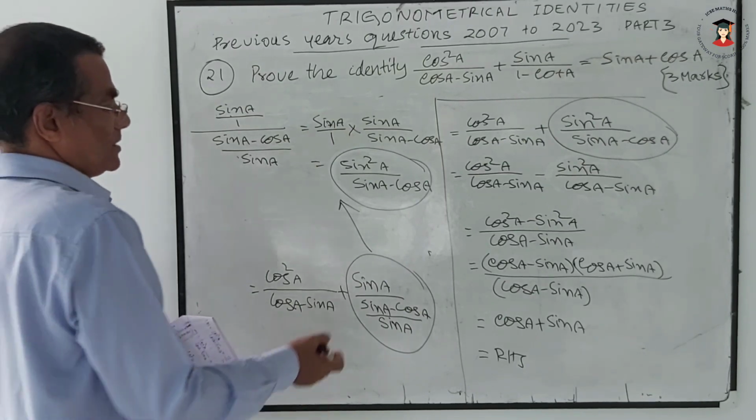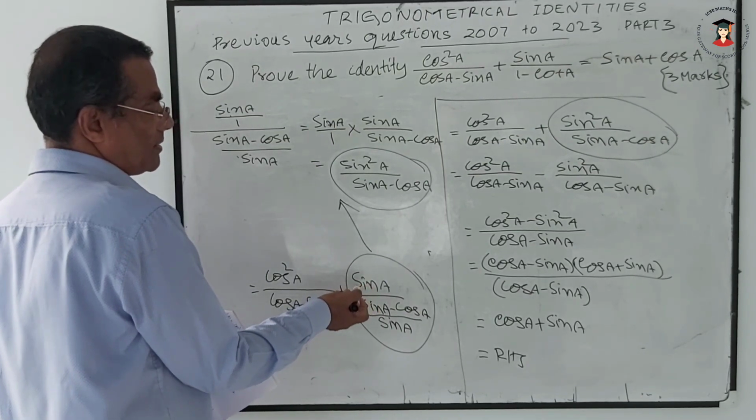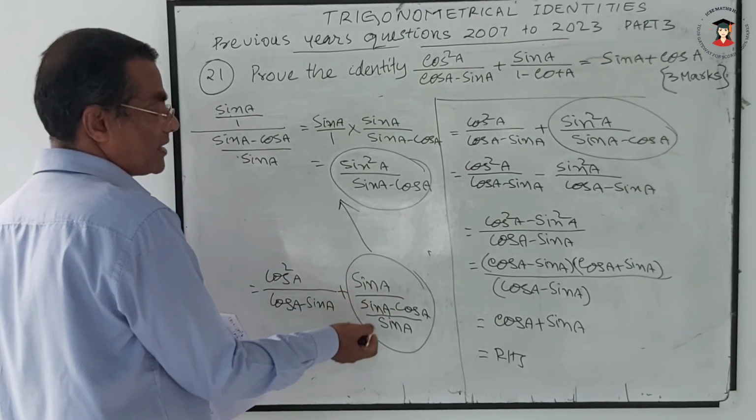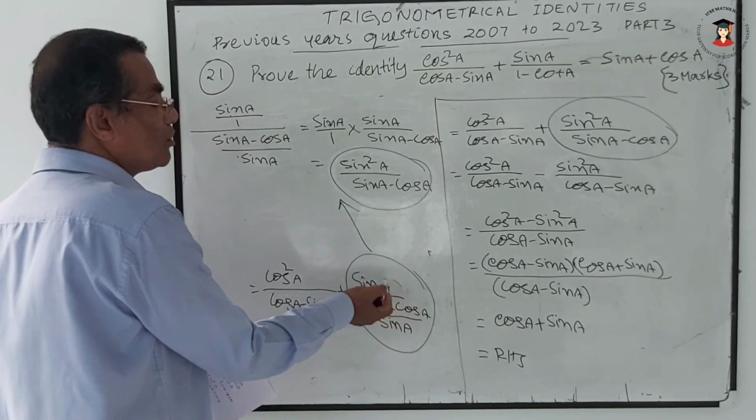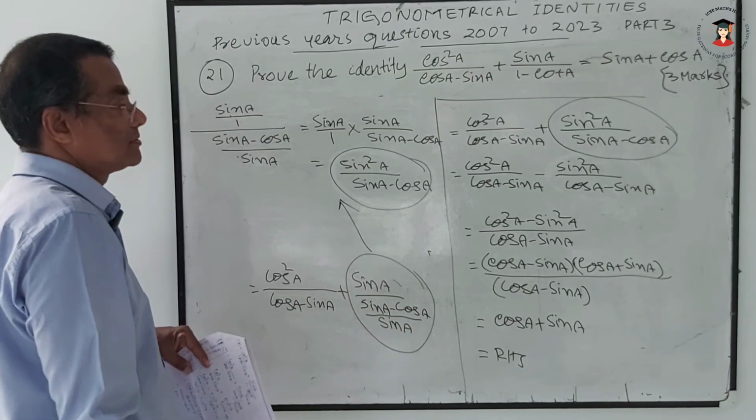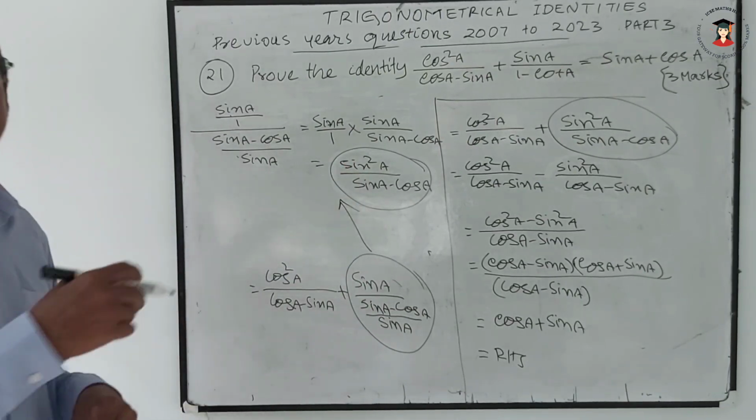That means if there is a number in the numerator and a fraction in the denominator, then the denominator will go to the numerator. We can directly write it like that.